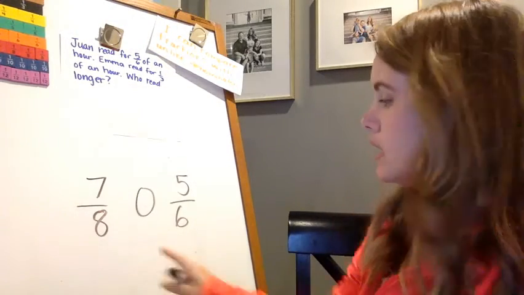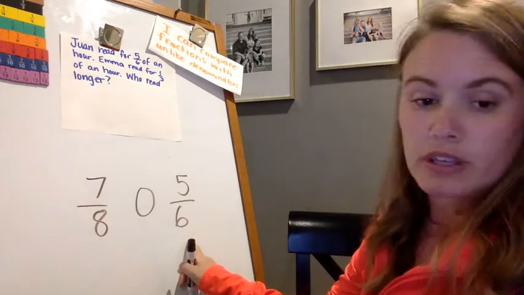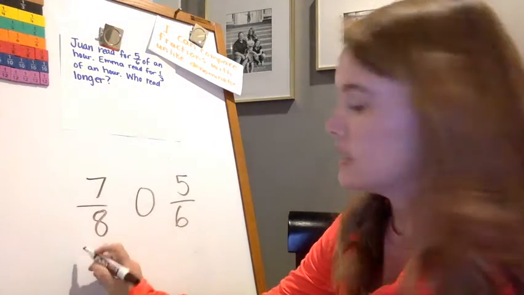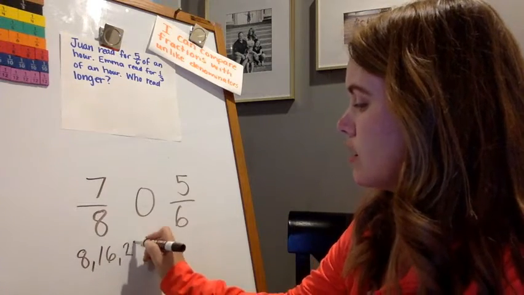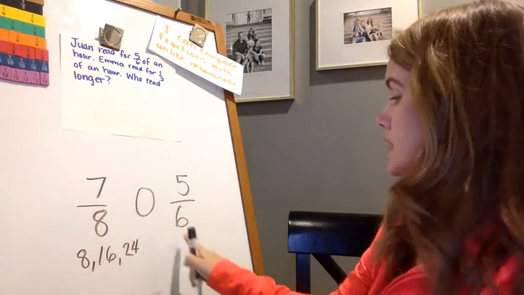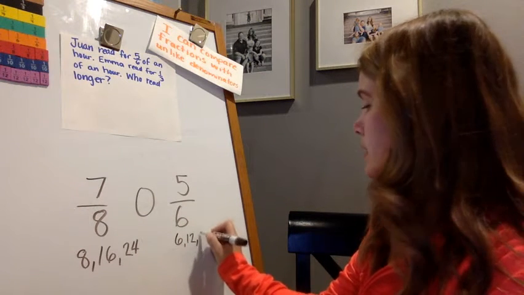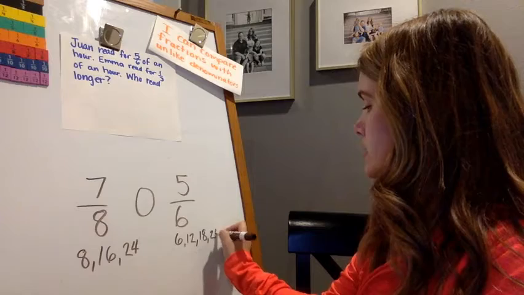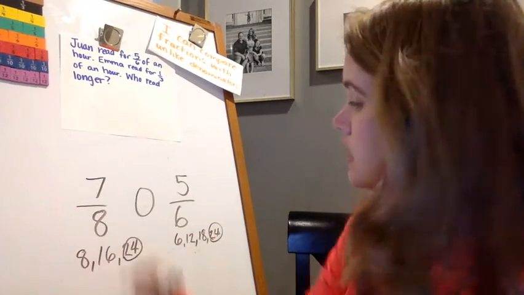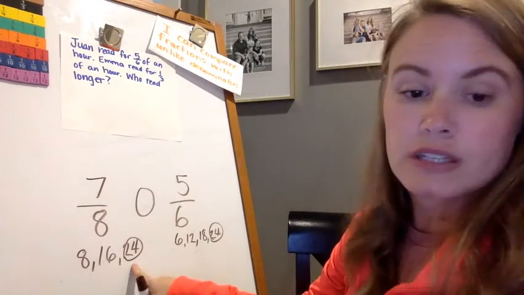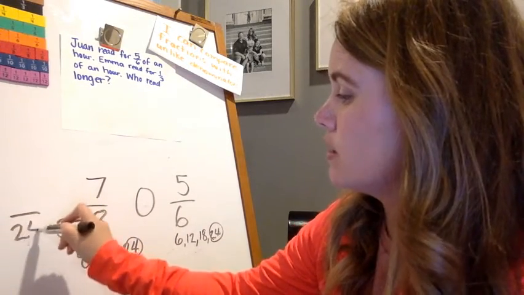Let's try one last problem. So finding the least common multiple here, if I list out my 8s, I have 8, 16, 24. My brain starts thinking, here we go, 6, 12, 18, 24. There we go. That is the least common multiple on both lists. So I went over 3 times 3. 8 times 3 gives me 24.